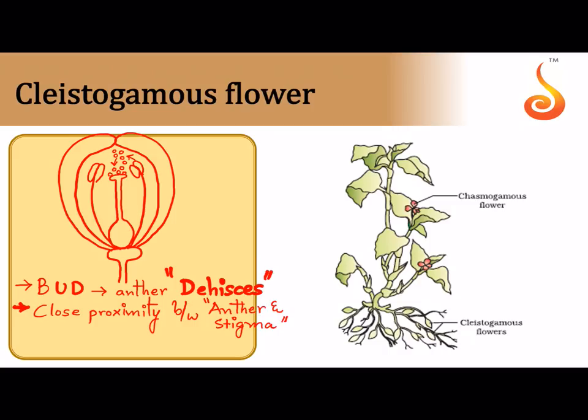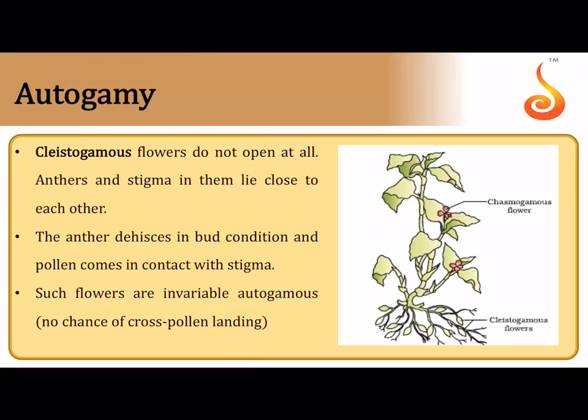Isn't it? So anther and stigma are present very close to each other and the flower is not going to open at all. That is, in the bud condition itself, the anther produces the pollen and the pollen gets deposited onto the stigma. This is seen in the case of the closed flower. And what do we call this closed flower? We call it cleistogamous flowers.